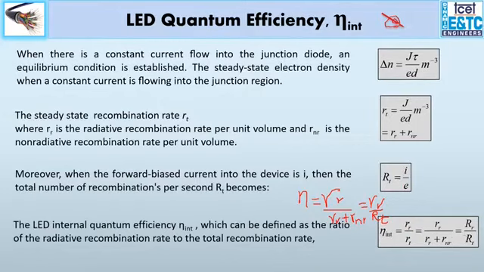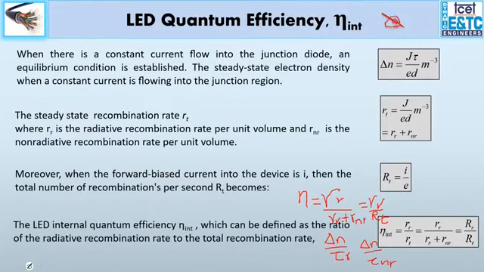Now what is radiative recombination? We can also write it as the rate of carriers generated, delta n, divided by the radiative minority carrier lifetime. And for the non-radiative, it is delta n divided by the non-radiative minority carrier lifetime.